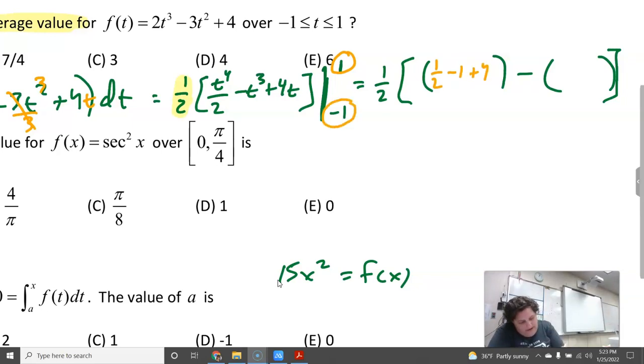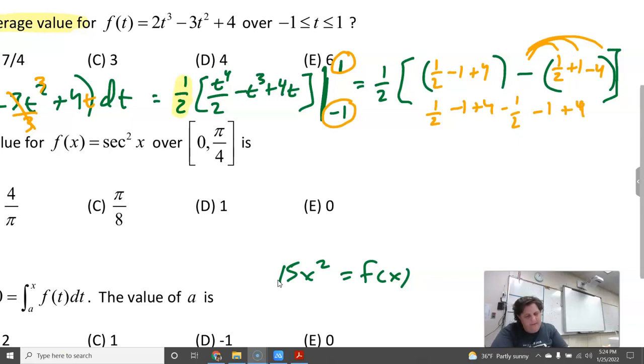When I plug in negative 1, negative 1 to the 4th over 2, so that's 1 over 2, minus negative 1, so that's plus 1, minus 4. Okay, I'm going to distribute this because I have fractions. So I'm going to turn that into minus 1/2, minus 1, plus 4.